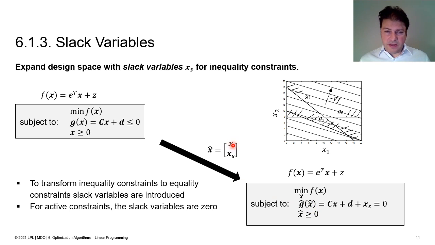And that design variable vector now includes slack variables that also have to be greater or equal to 0. If this is the case, then a solution for this problem will also be a solution for the original problem. If constraints are active, then the associated slack variables will assume the value of 0. If they're not active, then they will be larger than 0.